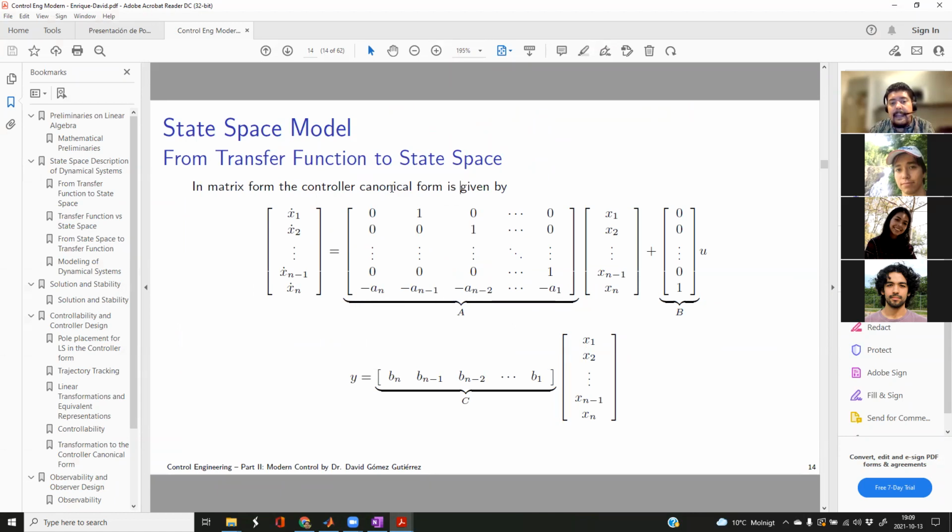Particularly, there is a canonical form that we will be using quite a lot. Because in a couple of weeks we will no longer be following a constant reference, for instance. We will be following a sine wave reference, okay? Or we will be following a cosine wave or an addition of anything we want.